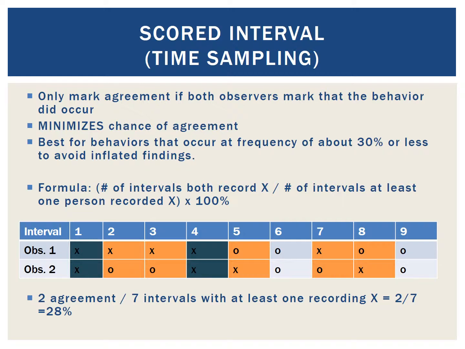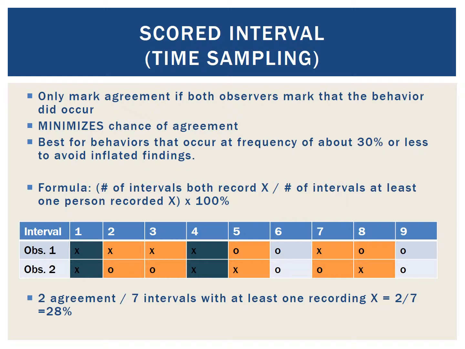The person who was wearing a blindfold and listening to Led Zeppelin just recorded every time. So if you calculate that agreement, you're going to get 9 agreements over 10 agreements plus disagreements times 100. That's going to be 90% agreement, and one person wasn't even observing. So that is inflated because the behavior was happening at such a high rate.